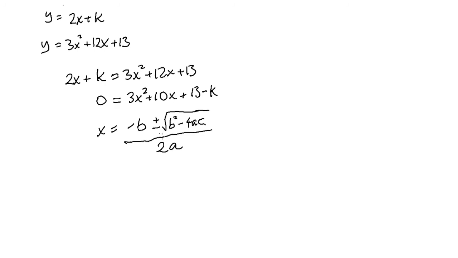And so there can only be two solutions to this equation if this surd is a positive value. The magnitude of the surd is a positive value, so b squared minus 4ac has to be positive. That is our clue to how to solve this problem.